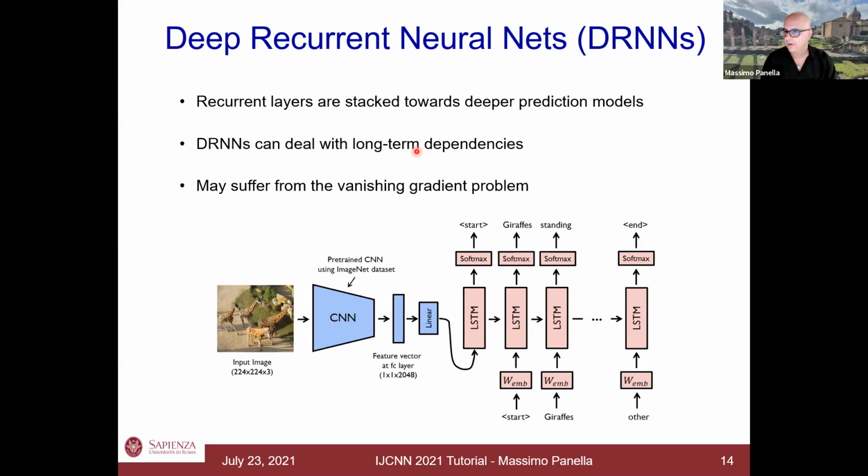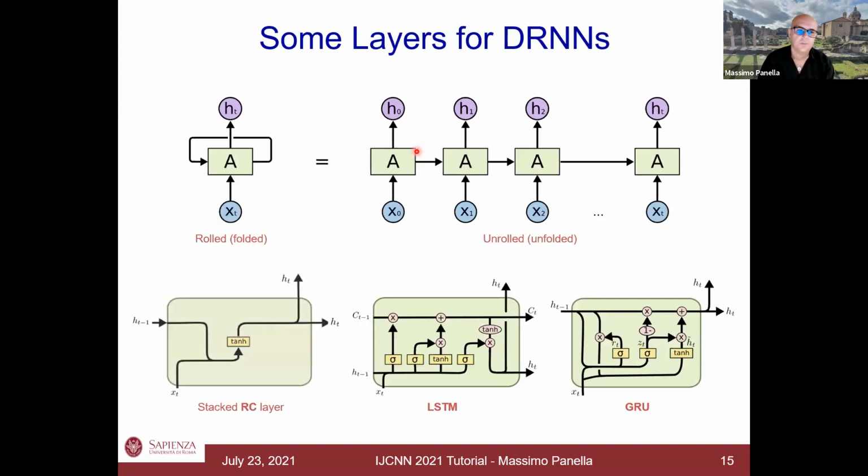Instead, deep recurrent neural networks are more flexible in this sense, although they may suffer from the vanishing gradient problem, because we have more stacked layers, and it is typical of deep architectures.